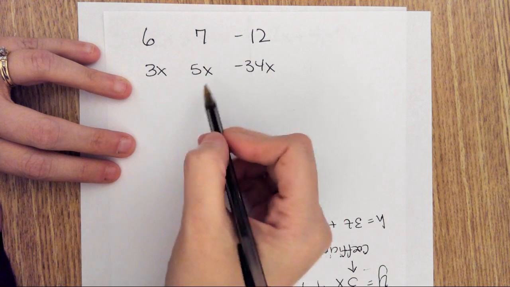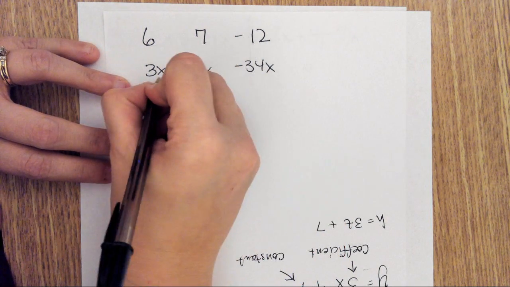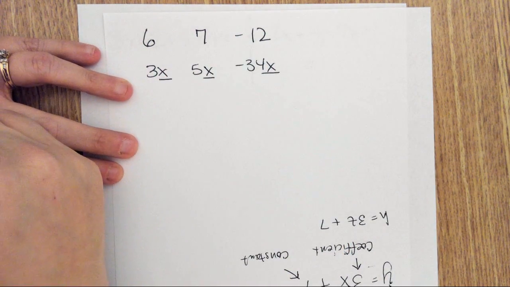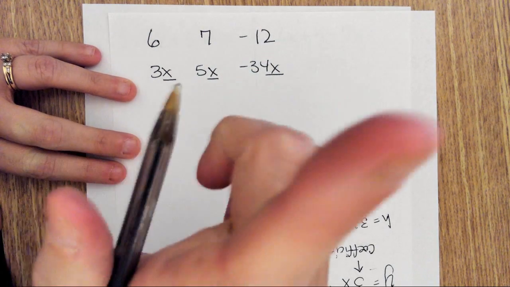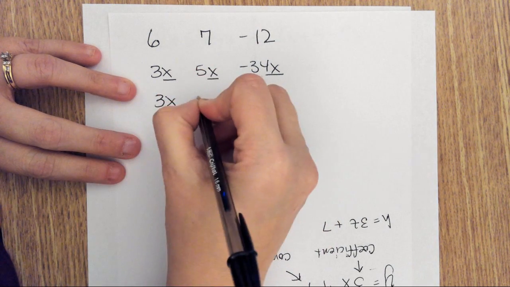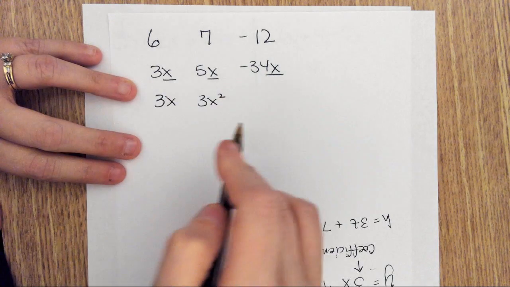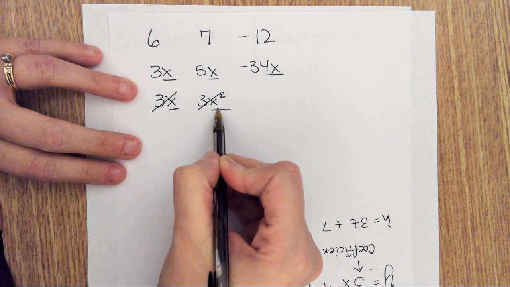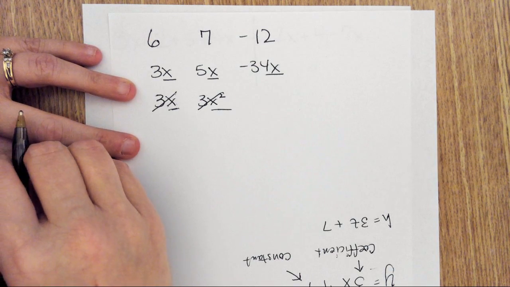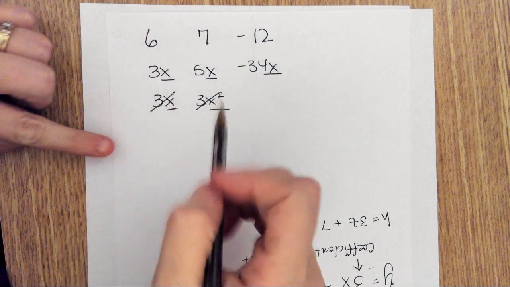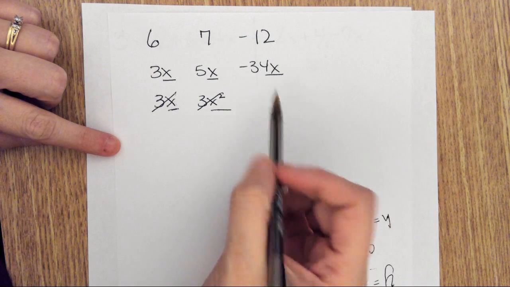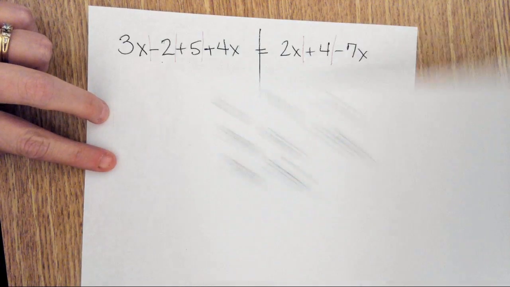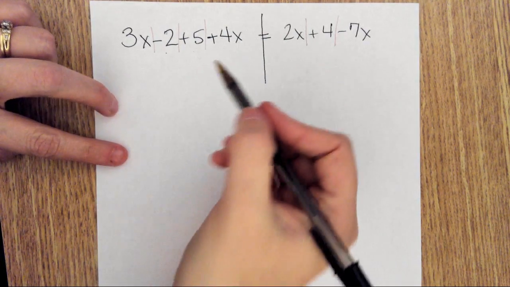Those are also like terms because they have the same thing after the coefficient. But 3x and 3x squared are not like terms because they aren't identical after the coefficient. So in order for them to be like terms, everything has to be the same after the coefficient, or they have to be constants.